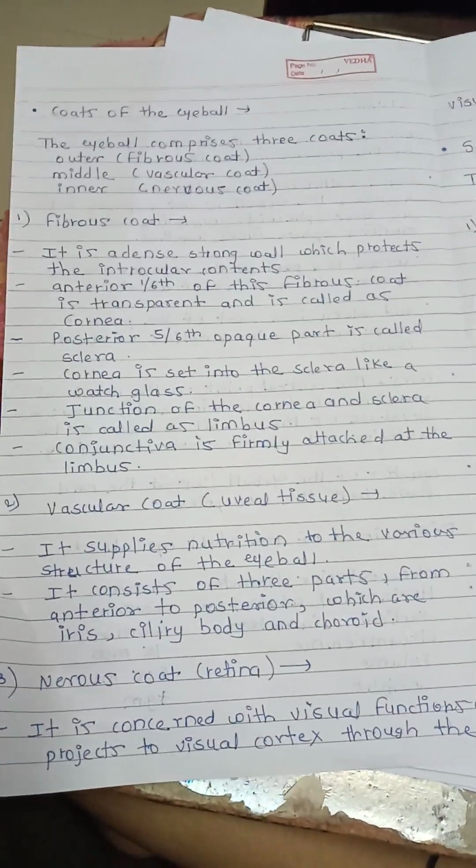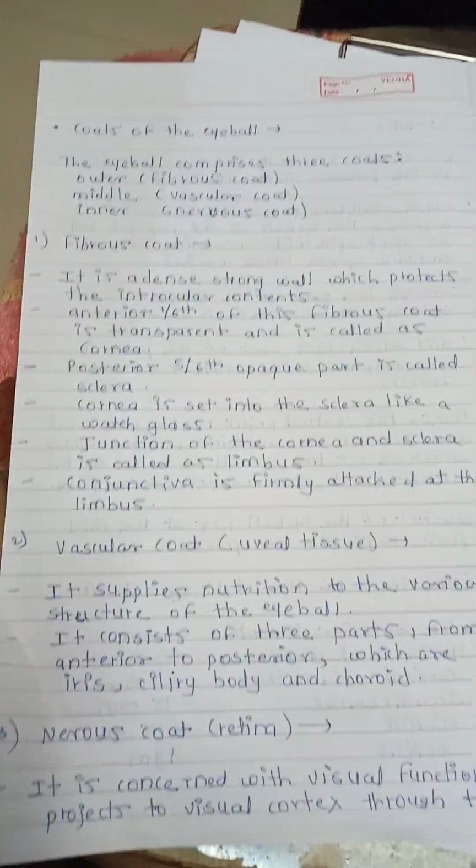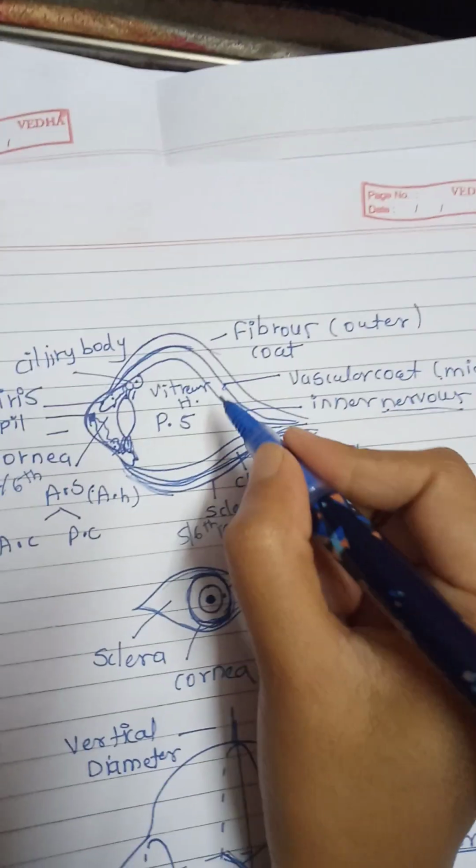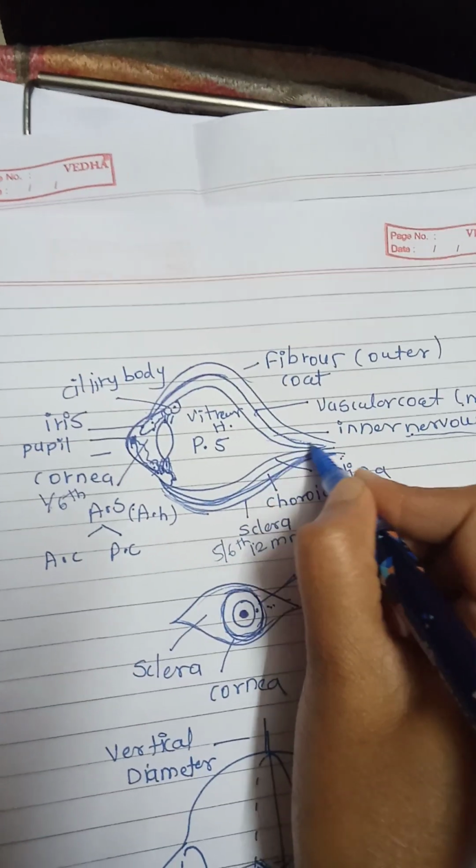Then the second is the vascular coat, also called the uveal tissue. It supplies nutrition to the various structures of the eyeball.